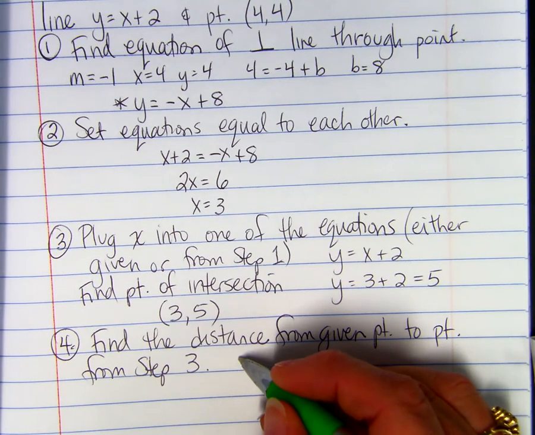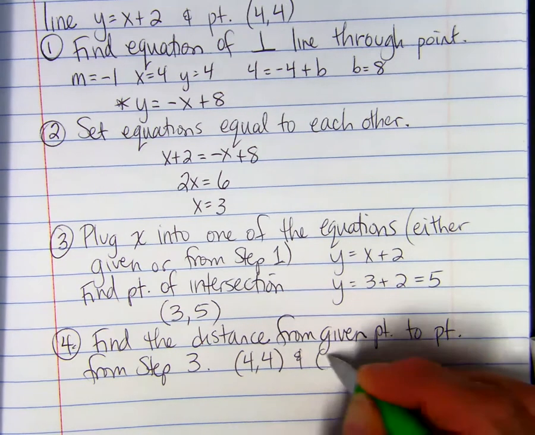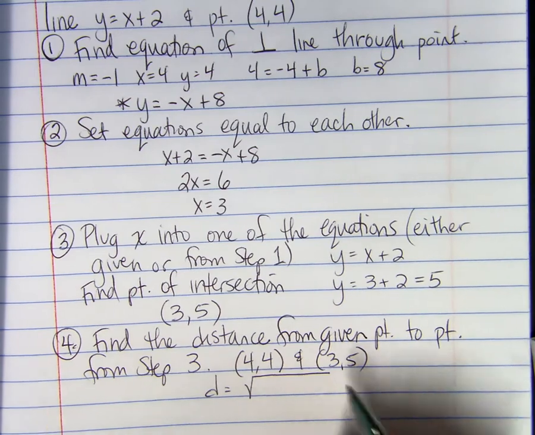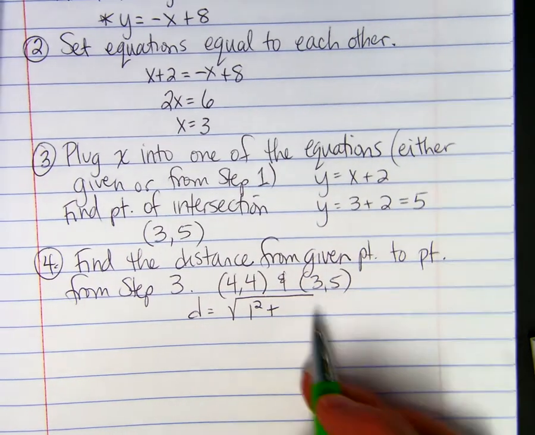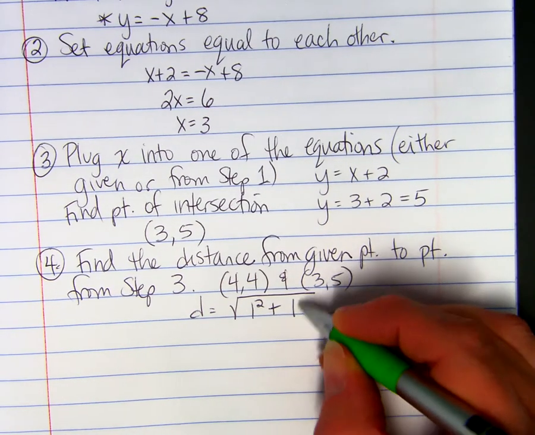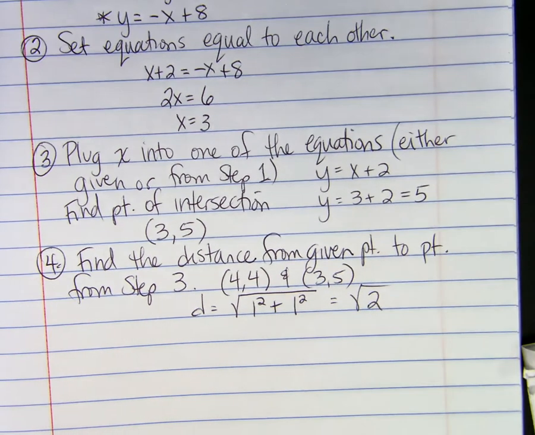So we're going to use the points (4, 4) and (3, 5). So the distance is the square root of the difference of the x's, so 1 squared, plus the difference of the y's, which is a negative 1, but we can just do 1 squared. Same answer, so it's root 2.